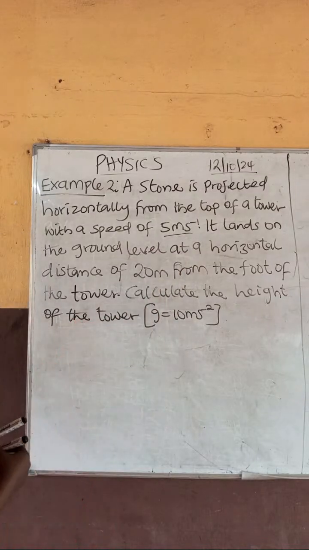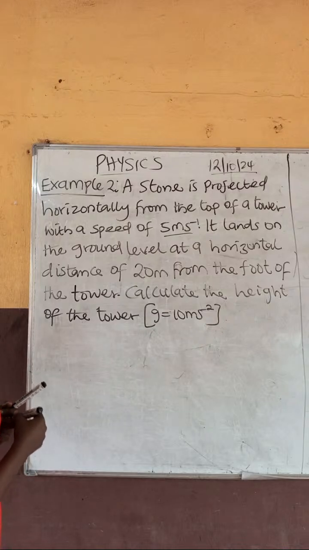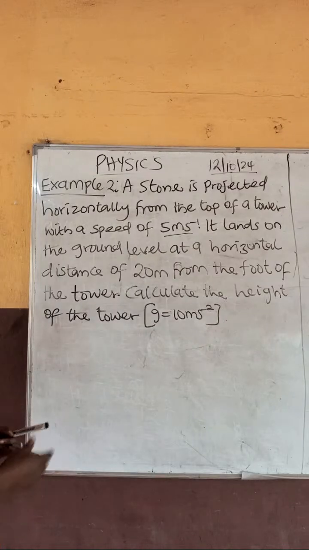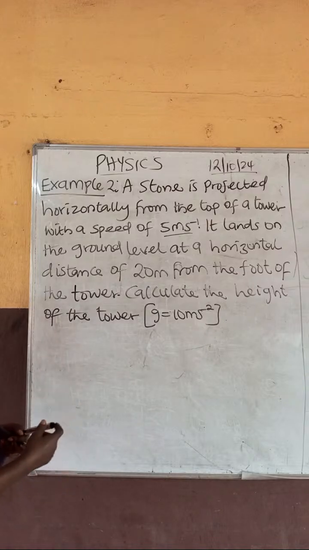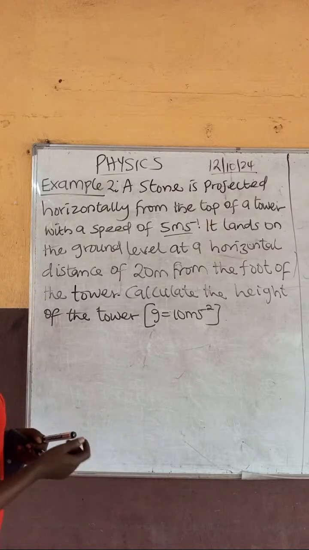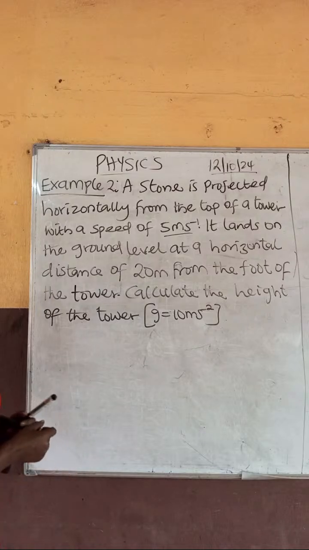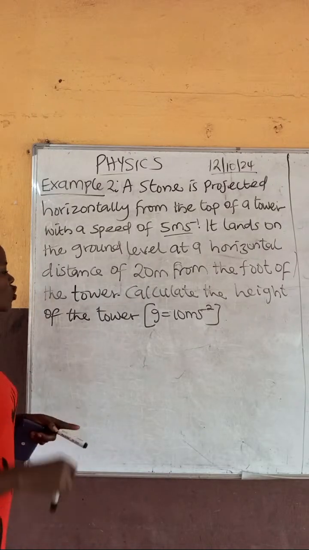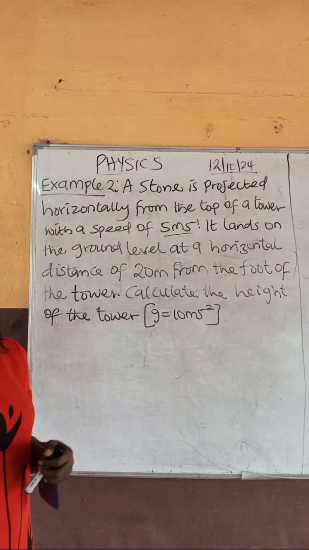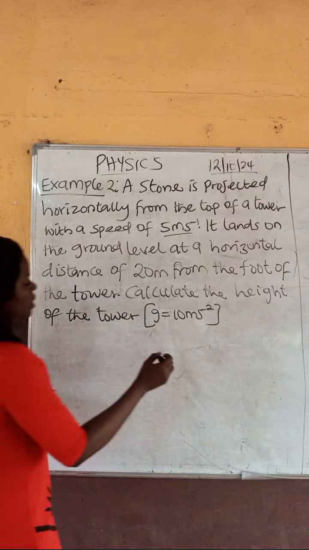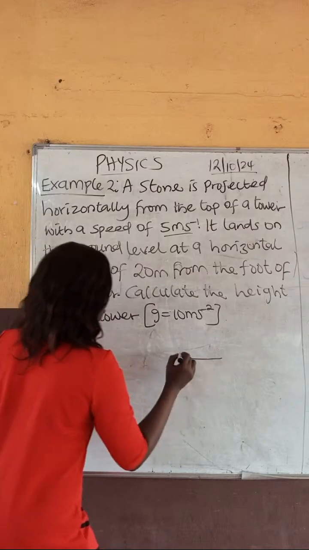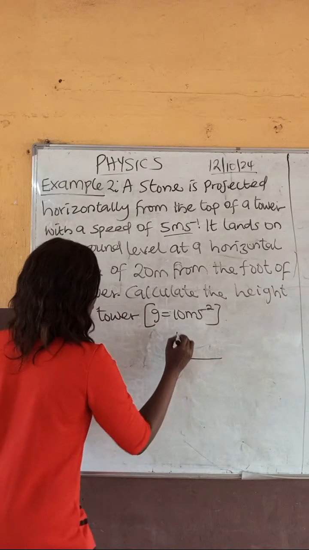It lands on the ground level at a horizontal distance of 20 meters from the foot of the tower. Calculate the height of the tower. So I'm going to use an illustration to explain this statement so that we can see how we can solve it. Right? Let's dive in. So we have, this is a tower.